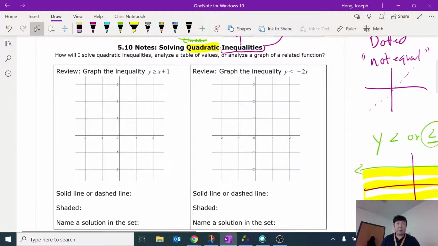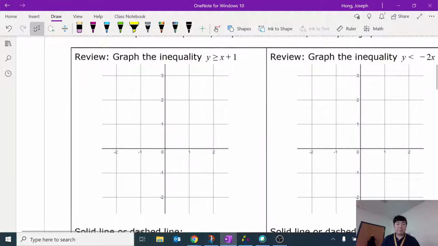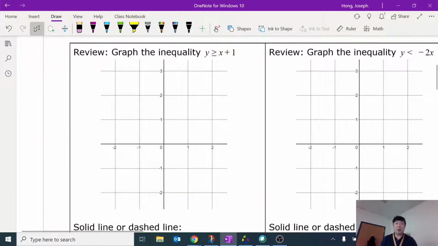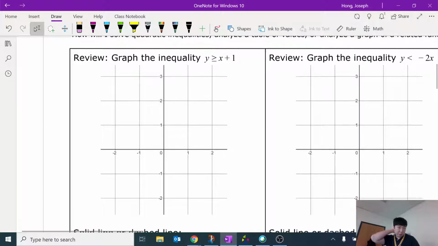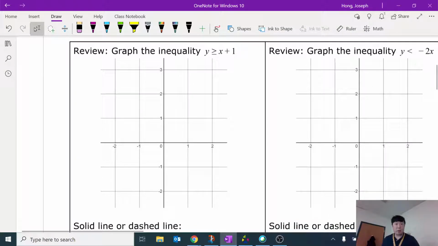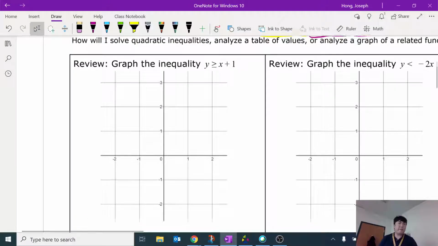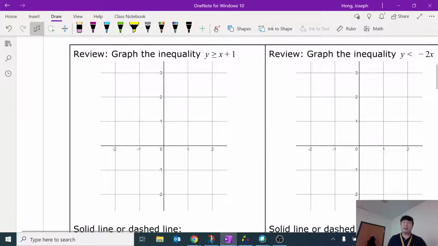If we look at review question 1, it says to graph the inequality y is greater than or equal to x plus 1. So what is the first thing that you have to understand how to do? We would have to first graph it.